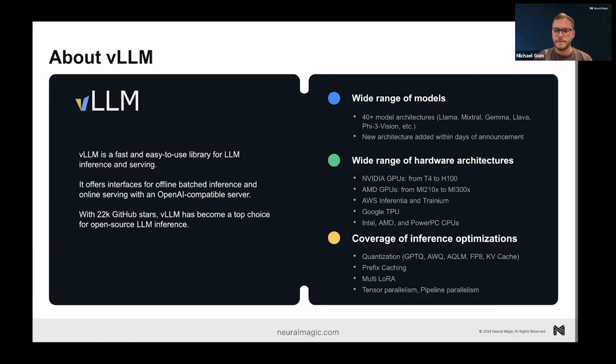But we have a flexible backend that supports AMD GPUs, AWS accelerators, Google accelerators, and initial support for a variety of CPUs. So we're always accepting new hardware architectures, and generally we have this flexibility because we're built sort of on this easy to use Python and PyTorch based API.